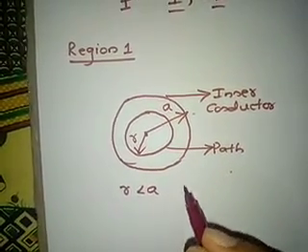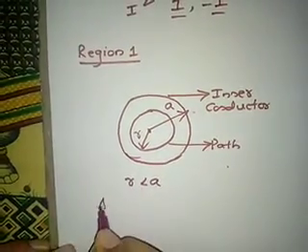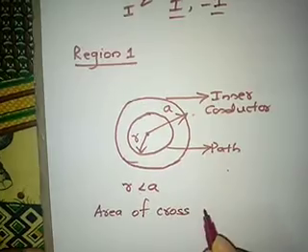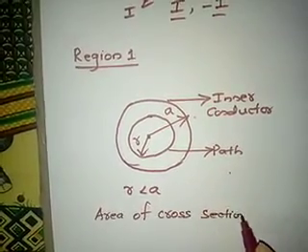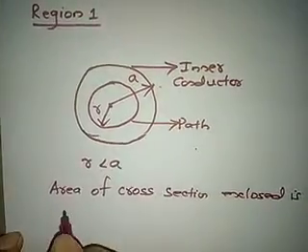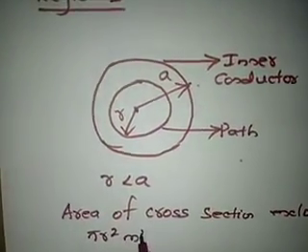The area of cross section enclosed is pi r square meter square.